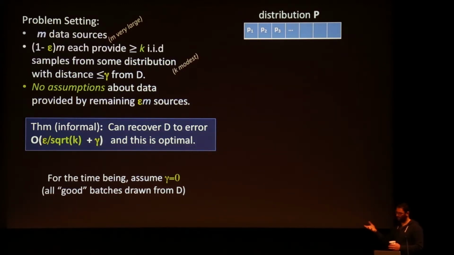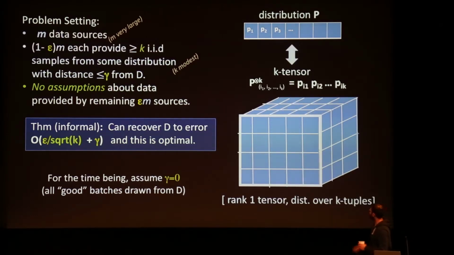And if you think about what is a batch of K samples from this distribution, well, this corresponds to a point in this K tensor. So this distribution over outcomes you can think about as implying a distribution over batches of size K. So this is an n by n by n by n by n K tensor, and the ijk blah blah blah entry is the probability of pi, pj, pk, and so on.